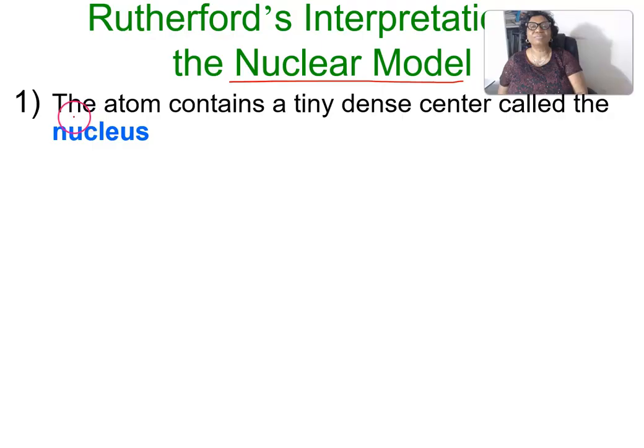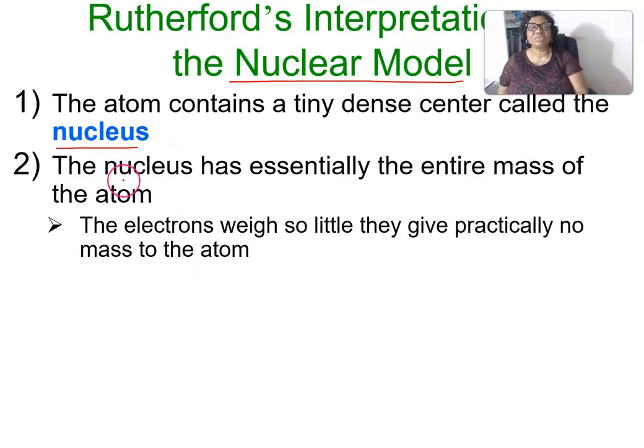The atom contains a tiny dense center called the nucleus. And the nucleus has essentially the entire mass of the atom. The electrons weigh so little, they give practically no mass to the atom.